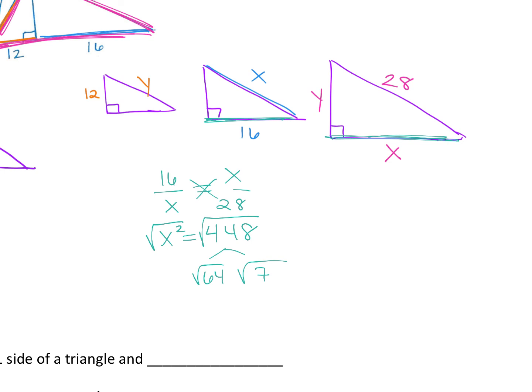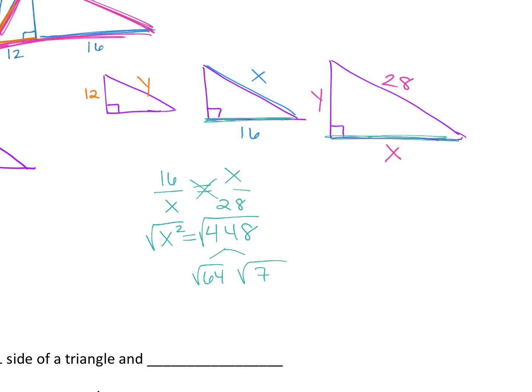Do you know how to check that? How to figure it out? You take your calculator and type in 448, and then you look at your list of perfect squares. I always start high and work my way down because you want the biggest one. It's the least amount of work.